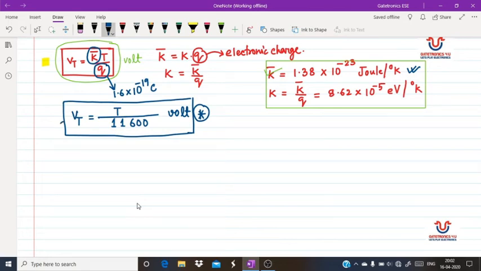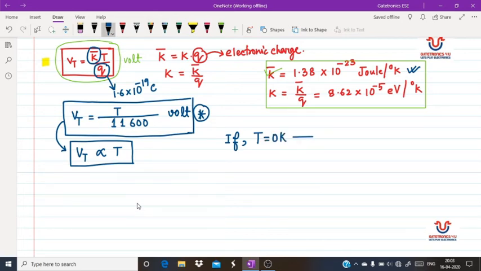From this equation we can see that the thermal voltage Vt is proportional to temperature. As the temperature increases, the equivalent thermal voltage also increases. So if the temperature is 0 Kelvin, the thermal voltage will be 0 volt.